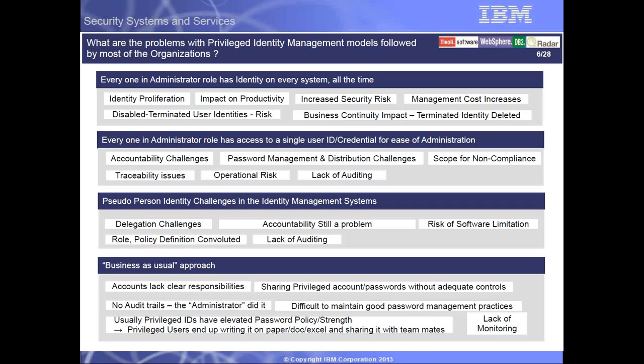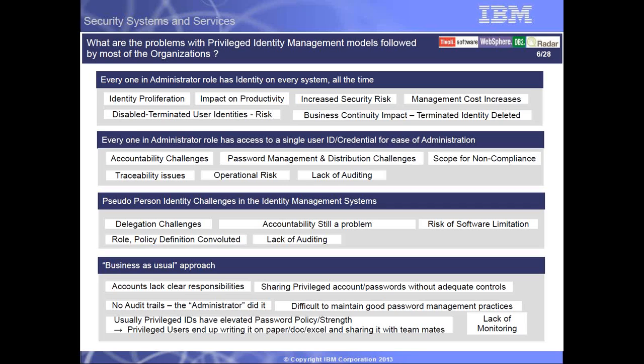Role policy definition gets convoluted because on one side you are saying if a person falls into this role, he gets access to the ID. On the other side, you are tagging all these IDs to a person object. So it's kind of a mixed setup with the pseudo person identity. Next, you still have issues with SOD policies, the segregation of duties policies.